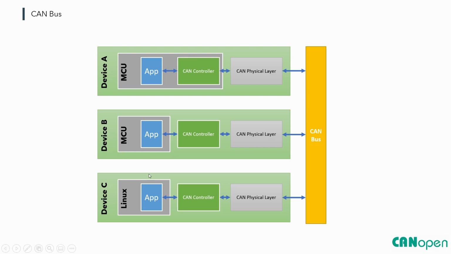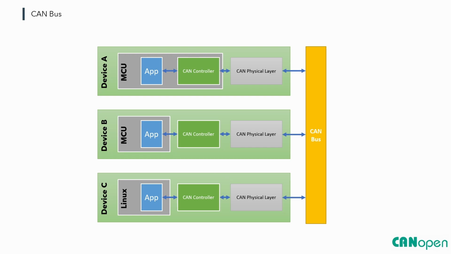And for example, for a Raspberry Pi or other embedded systems which are running on Linux, they usually don't have the CAN controller on the chip itself, and then you need to put the CAN controller on the board, and then they communicate over the CAN bus the same way.